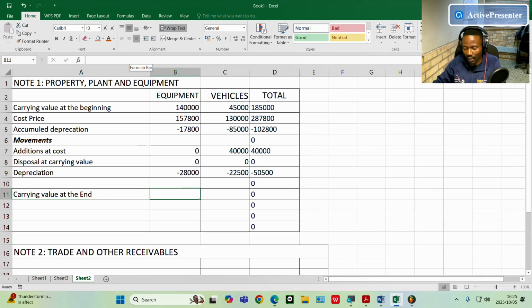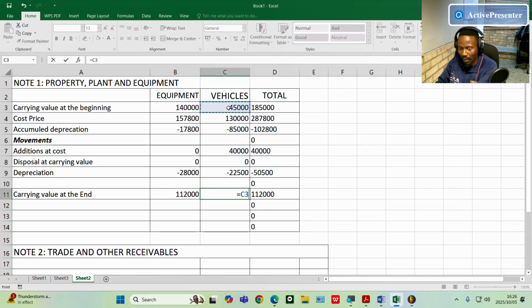You take carrying value at the beginning, plus additions, minus disposals, and minus depreciation.